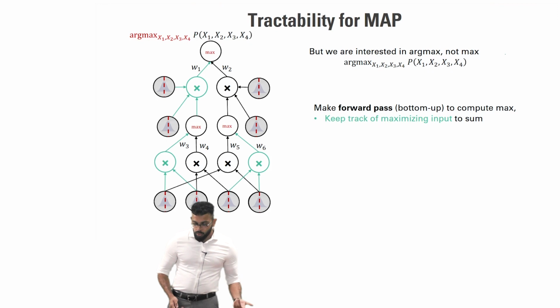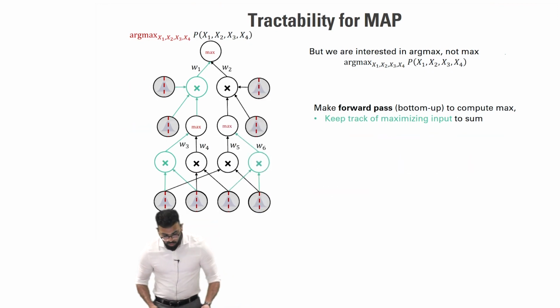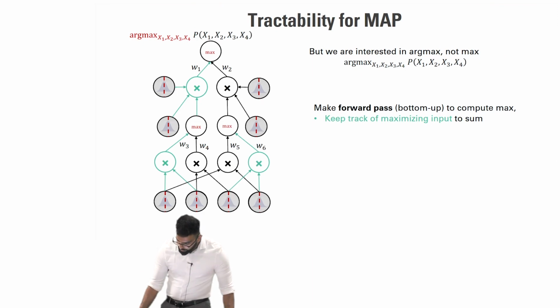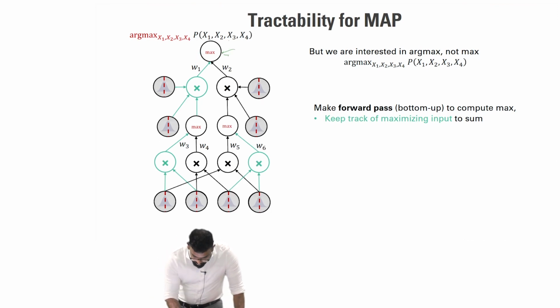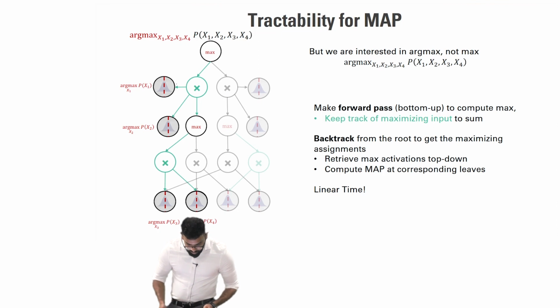So to get the value, all you need to do is simply keep track of which path you took. So let's start from here, right? You're doing this maximization operation here, and you know that this is the node that resulted in the maximum, right? So you keep track of that path of the input, and then you continue doing this, right?